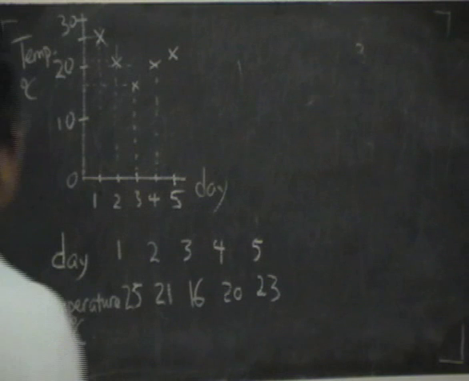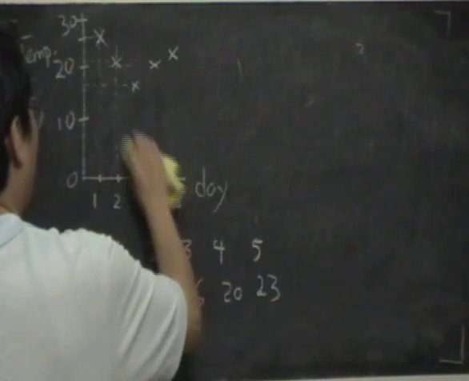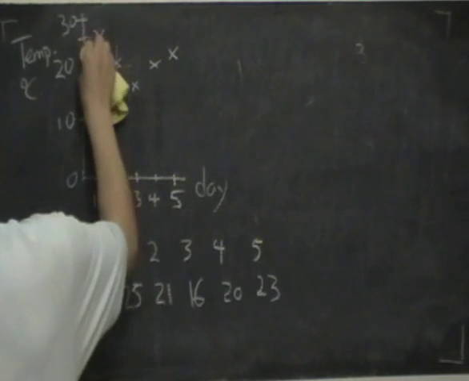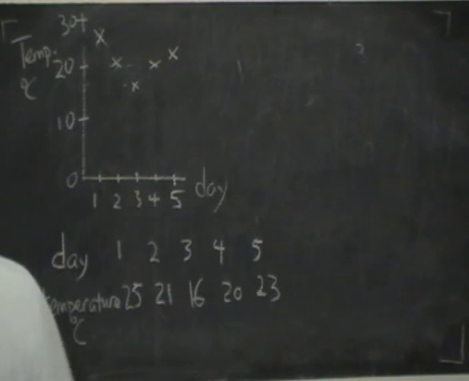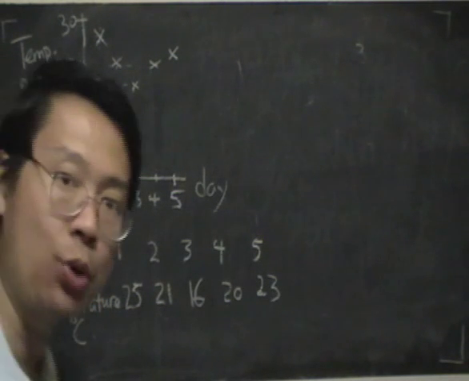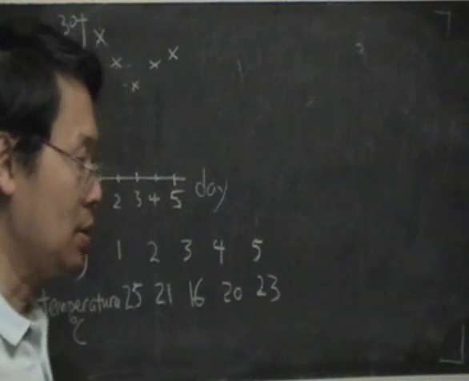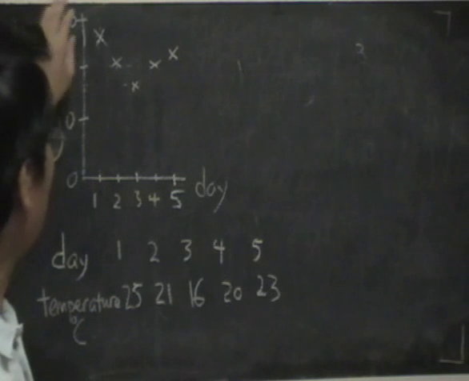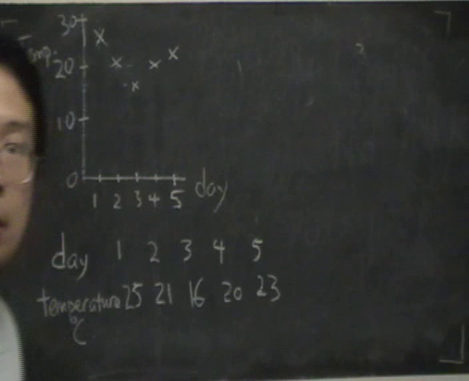Now let me just clean this off. So we're just looking at the points now. The points represent the graph. And if we look at this, we can actually see how the temperature changes with the day just by looking at it.